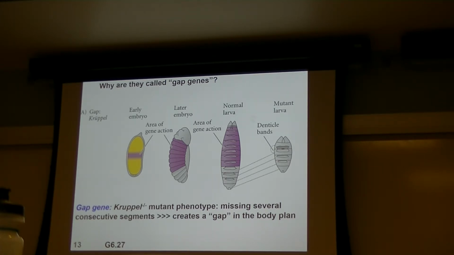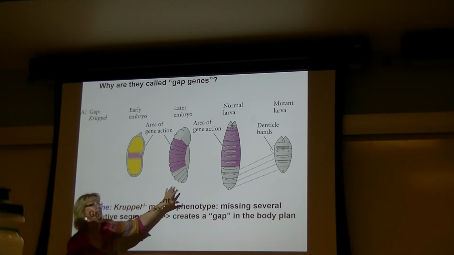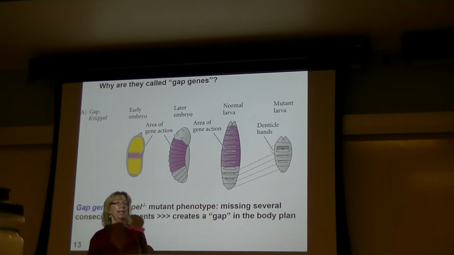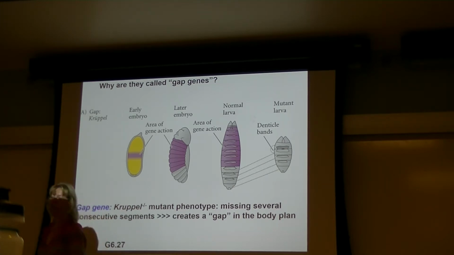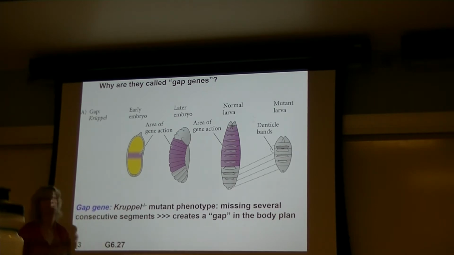The embryo is going through the transition from syncytial blastoderm to cellular blastoderm to the status where we have morphologically recognizable segments, and then a little later a larva that has morphologically recognizable features such as small bristles or clear areas within each of these segments. So in purple here, this is showing you where Krüppel would be expressed in the wild-type embryo.